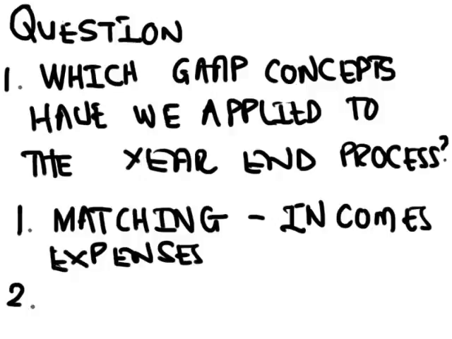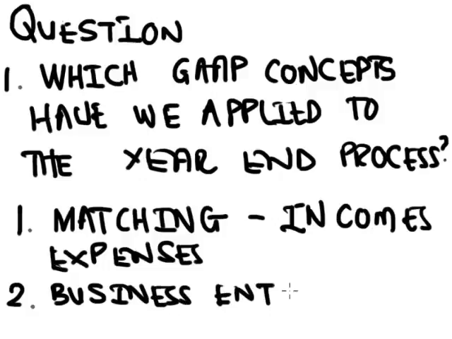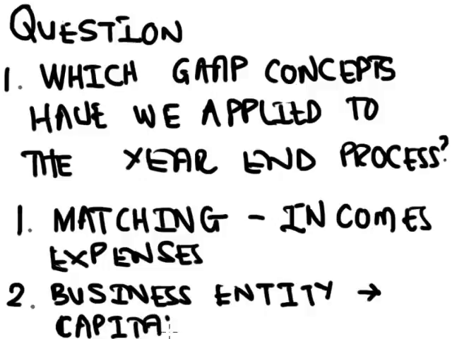We also then applied the business entity concept. And how did we do this here? By transferring whatever there was, a profit or loss, to the capital account of the owner.